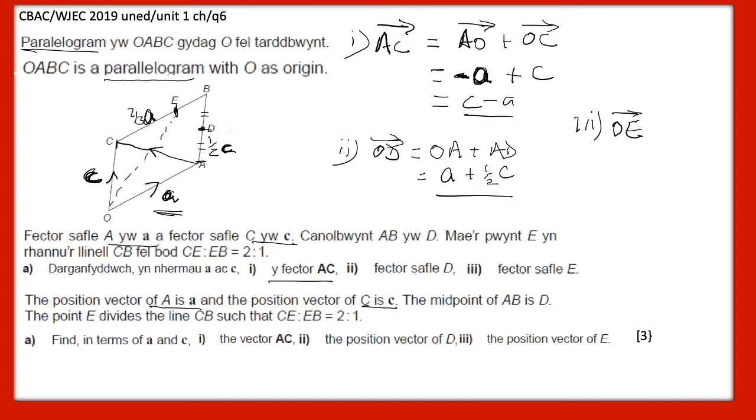This is my vector OE that I'm looking for, and that gives me my position of E. And going from O to E, I could, if I really wanted to, go O to A to B, and then B to E, but that'd be really silly because I've just marked on that I've got 2/3 of A, and we'll clarify why that's 2/3 of A in a minute.